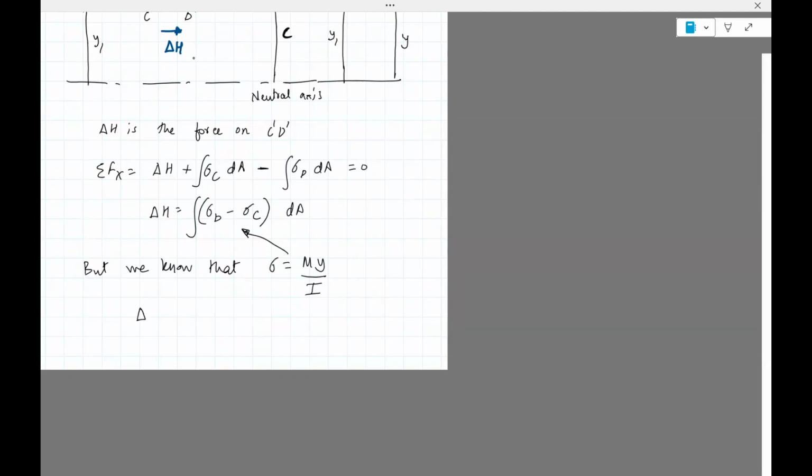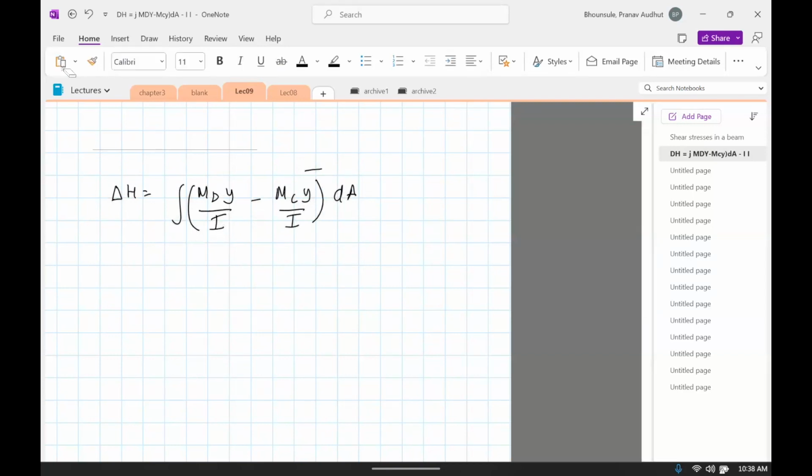So we have delta H is the integral of M_D, the moment at D, y divided by I, minus M_C y divided by I, times dA. You just copy it from the previous page.